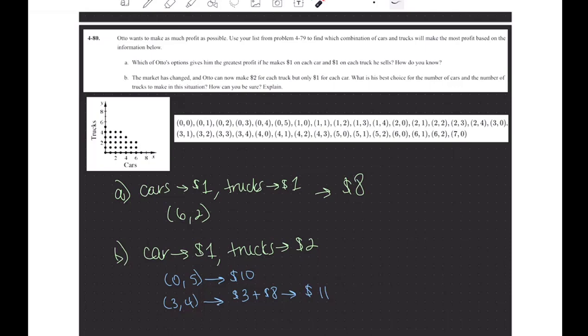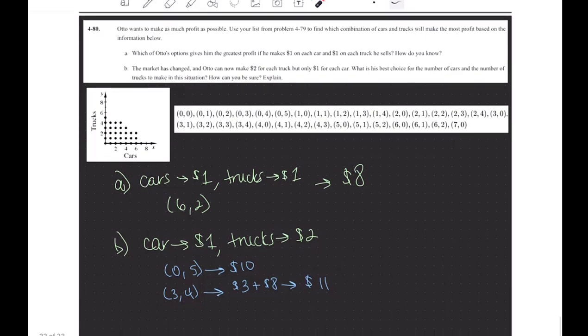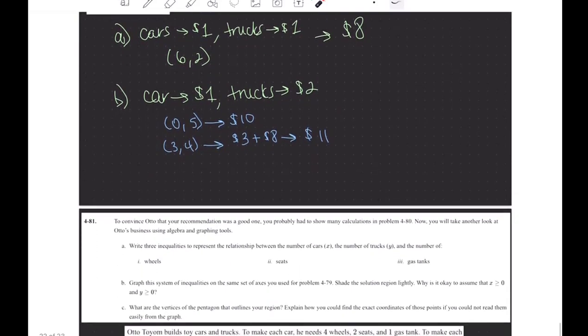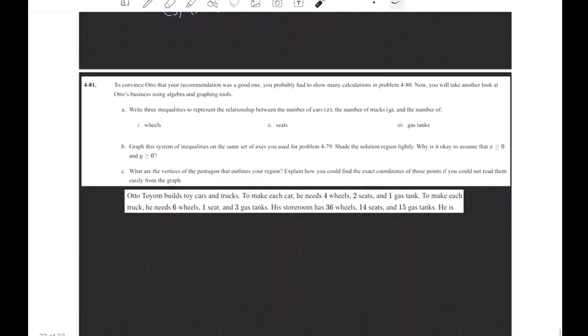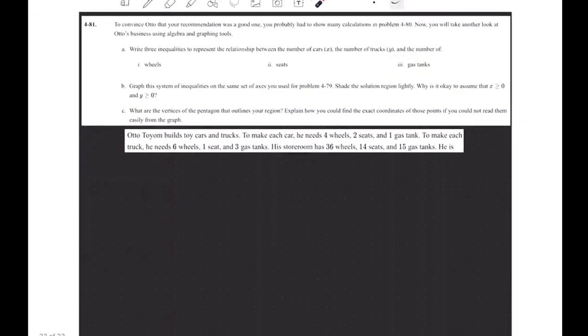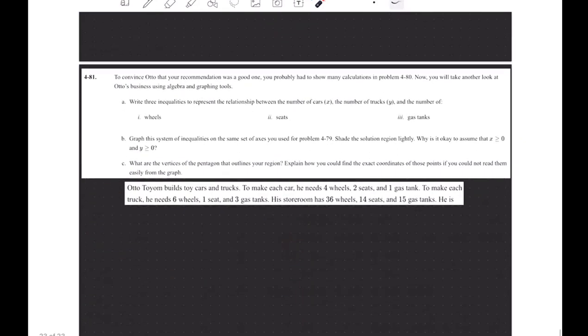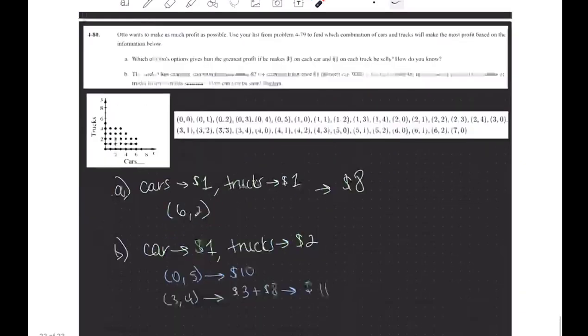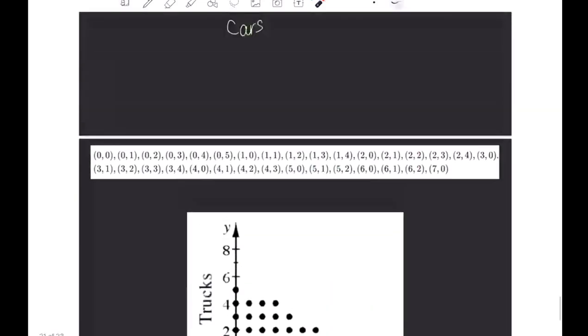But do we really always want to sit around and look at points on the graph and do trial and error and picking and choosing? No. So somebody alluded to it a little while ago. We can come up with some equations, can't we? So there were 3 constraints that we had to deal with when it came to building our cars and our trucks.